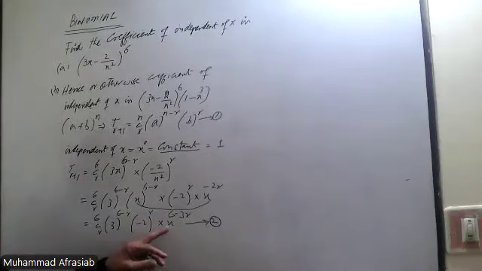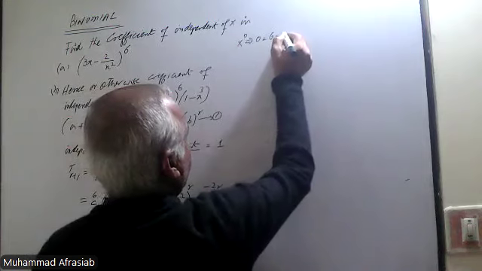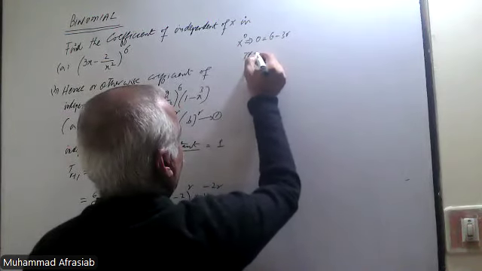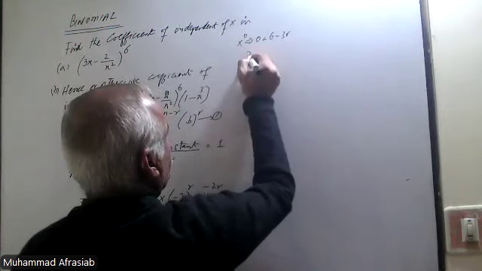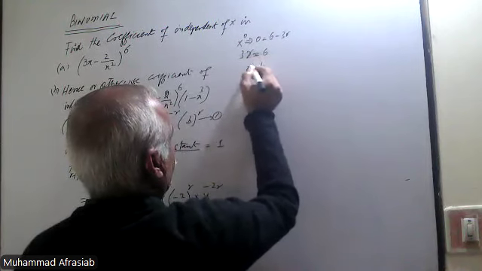So this 6 minus 3r should be equal to 0 for independent of x. 3r should be equal to 6 and r should be equal to 2.